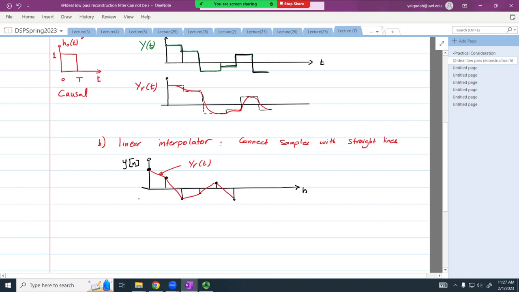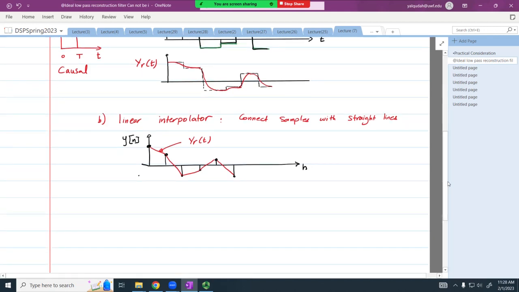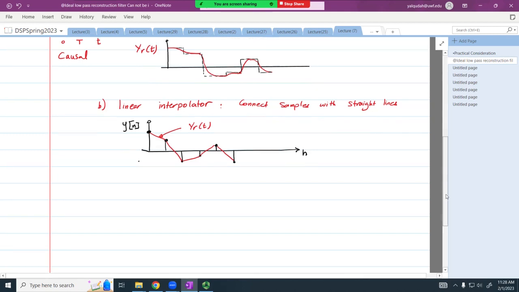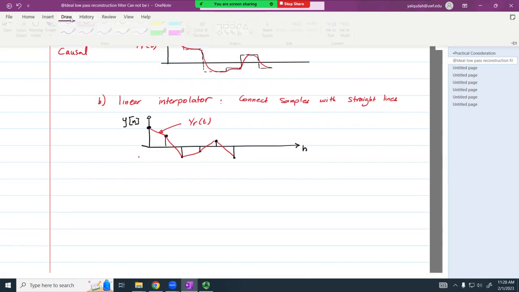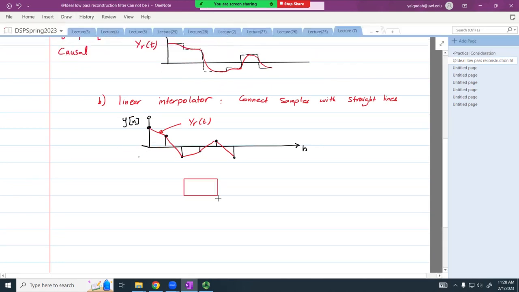Okay. What is the impulse response of this linear interpolator? Anybody? So if we have this linear interpolator, I guess you gotta look ahead.